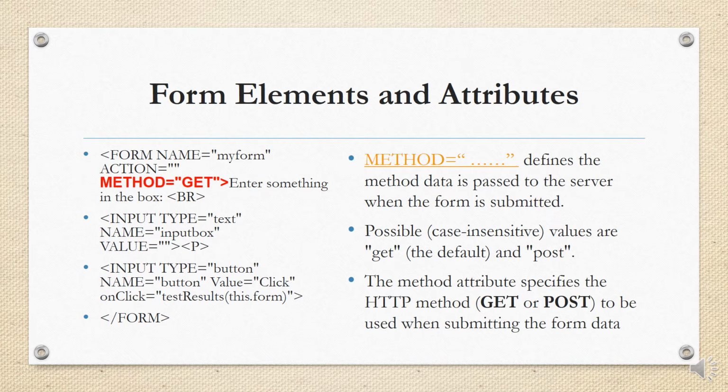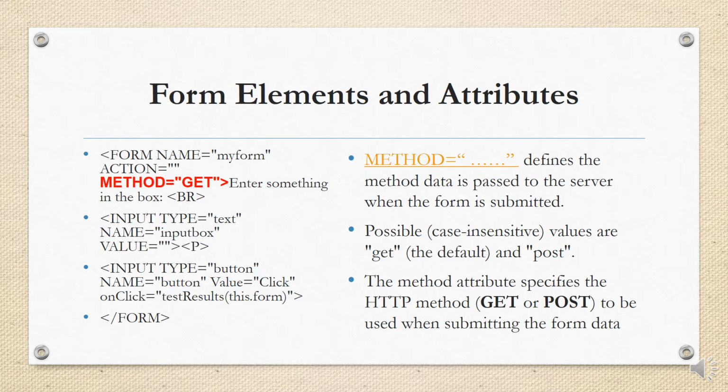So we have the method attribute, and this one helps us define the method we want the information to be submitted. If we want the information to create a new page and add all the search in the browser, it will help us with the get or post.